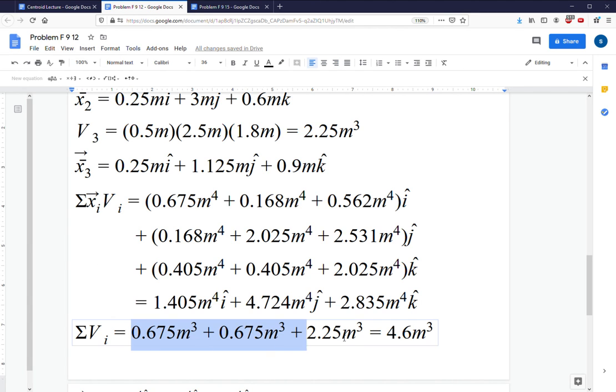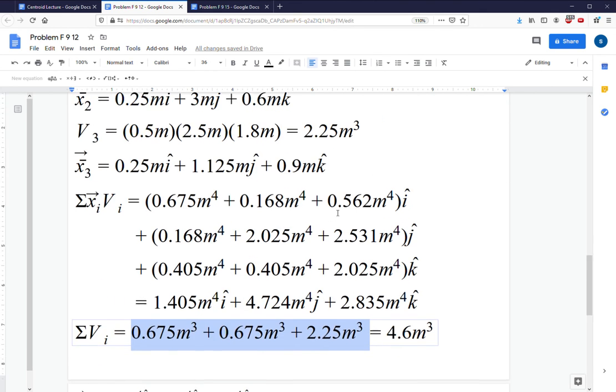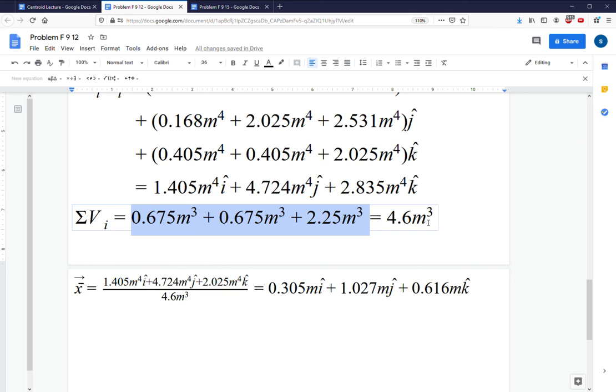The sum of the volumes is just the three volumes that we calculated added together, or 4.6 cubic meters. And so the location of the centroid is this weighted volume vector here, divided by the volume, and we divide component-wise, so 1.405 meters to the fourth i hat divided by 4.6 cubic meters is 0.305 meters i hat.